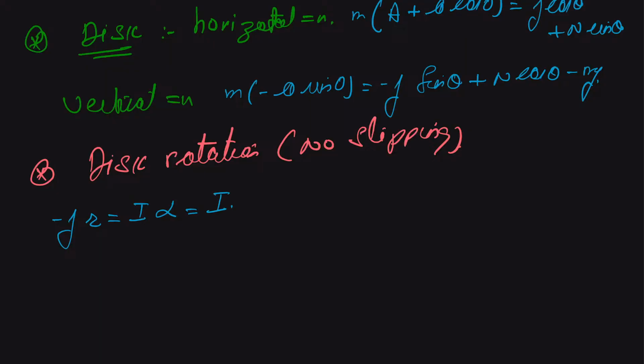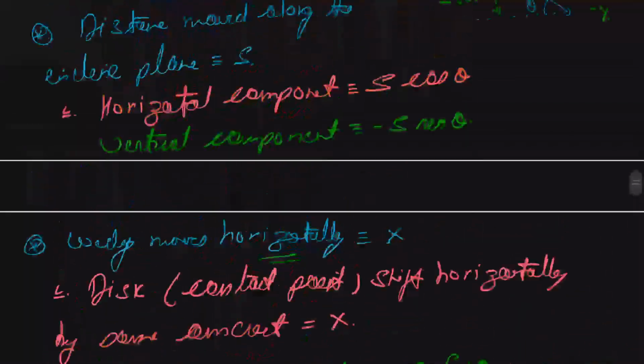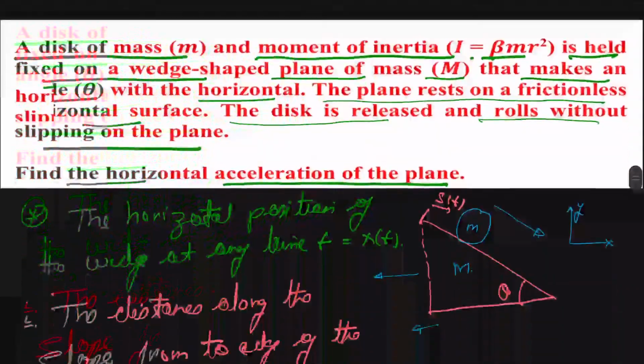So we can write I times a upon r, and the moment of inertia is given to us as beta m r square.